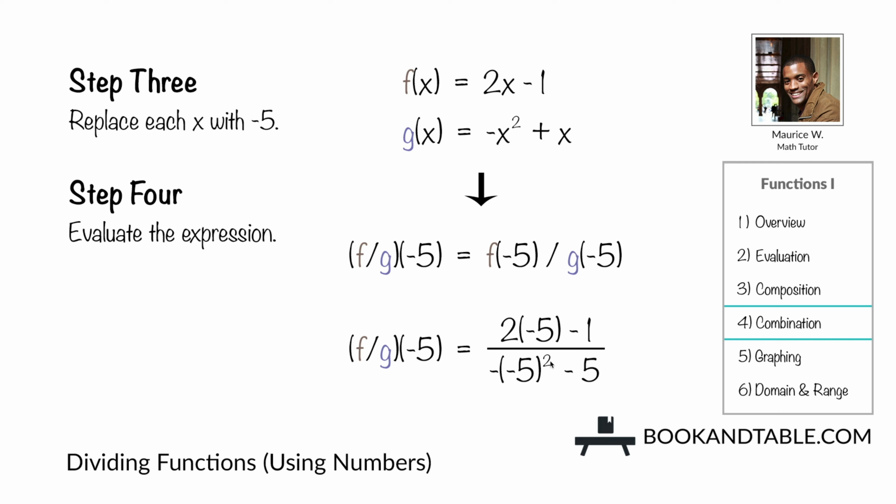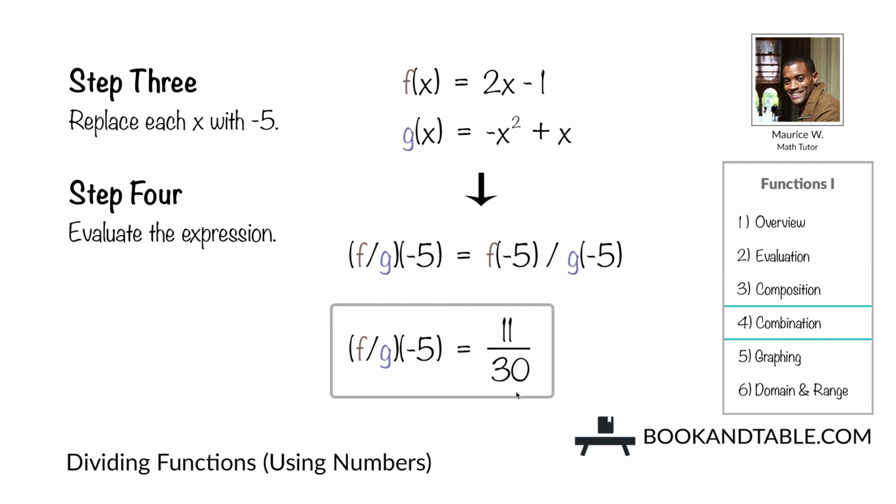Negative 5 squared is 25, so we get negative 25 minus 5 in the denominator. Negative 10 minus 1 is negative 11, divided by negative 25 minus 5, which is negative 30. The negatives cancel each other out, leaving us with 11 over 30 as our answer. So we see f divided by g of negative 5 is equal to 11/30.